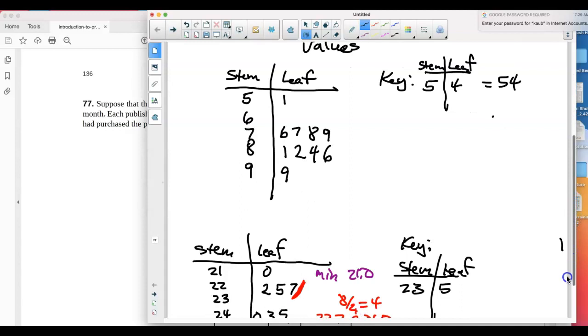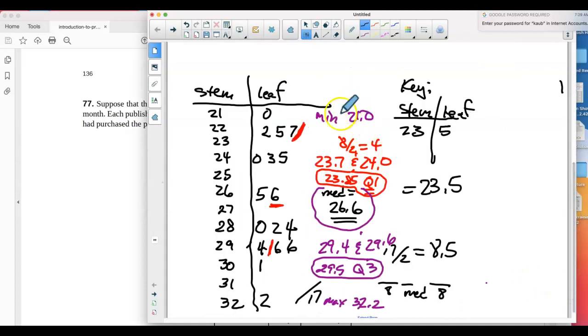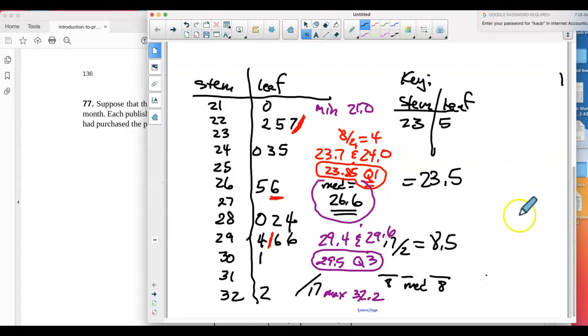We figured them out. We're also going to need the minimum and maximum because they're also graphed on the box plot. So it graphs 5 numbers, what they sometimes call the 5-number summary. The minimum, the first quartile, the median, the third quartile, and the maximum are all graphed on this box plot.